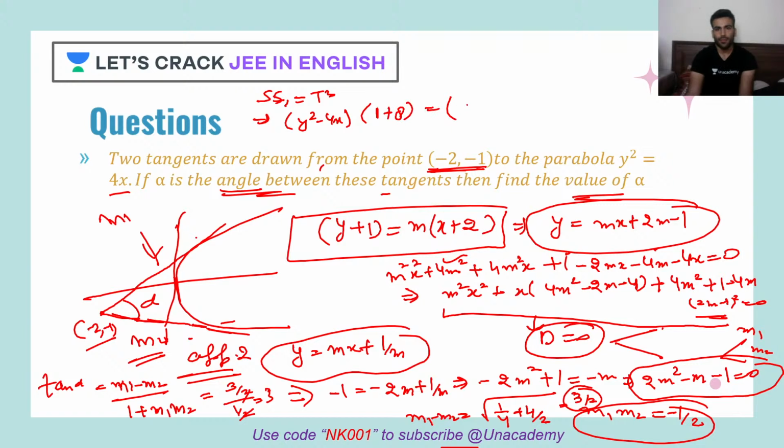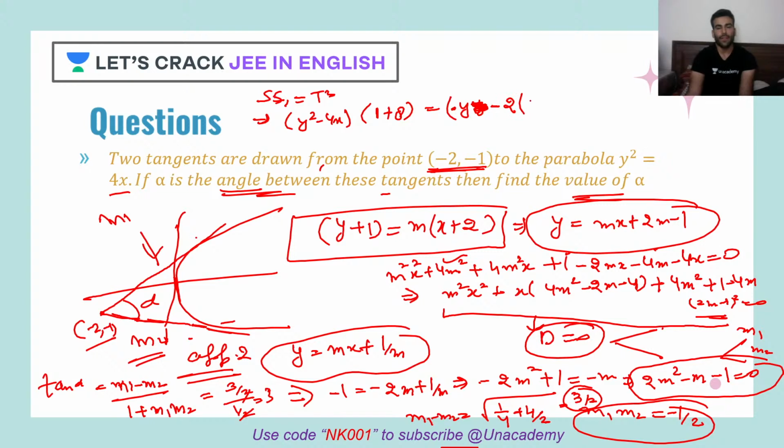What is T? Your y1. T is what? y1. So how will you write this? y1 is your minus 1 here, minus 2a, so I'll write 2 here, right? Minus 2.